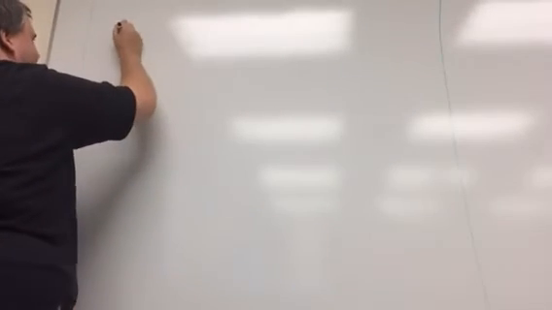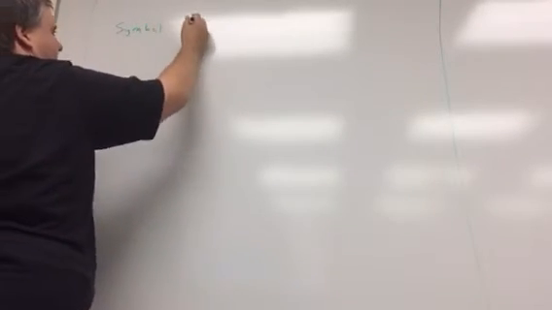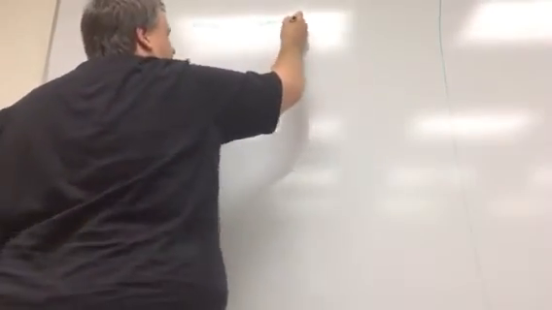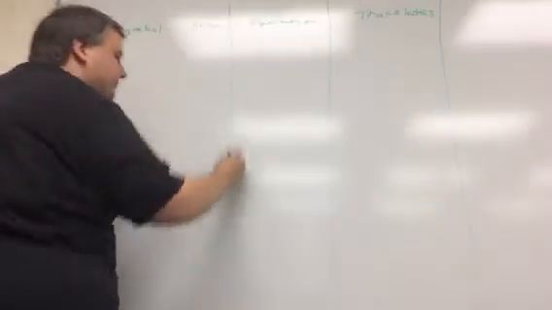Is that too high? It is too high. Okay, sorry. I'm trying to get used to this. You have the symbol, the name, what you call it, the operation, and what it translates. And there are 5 of them.